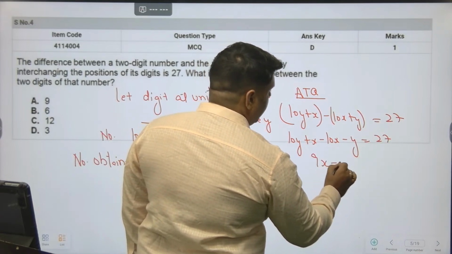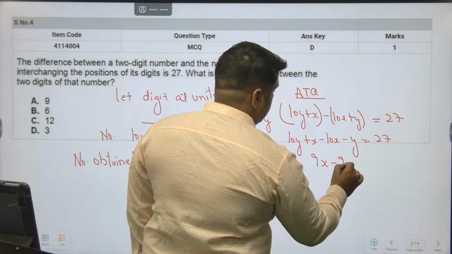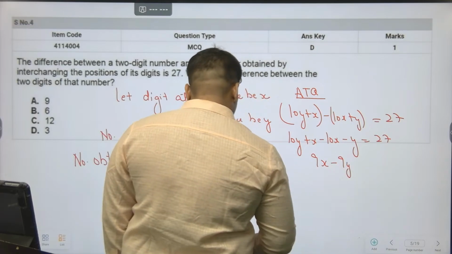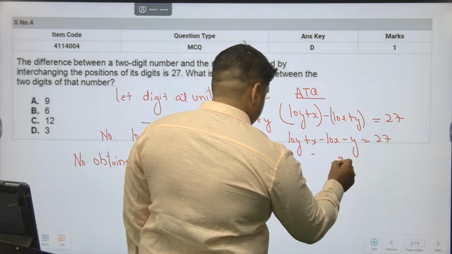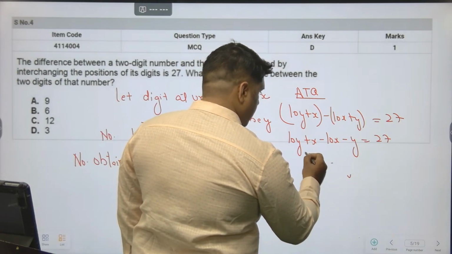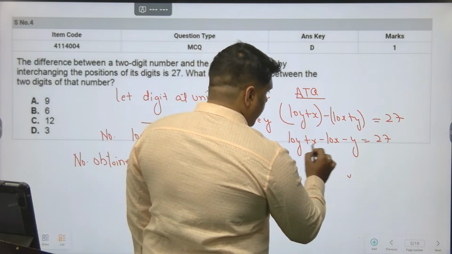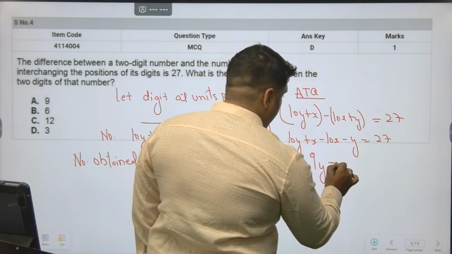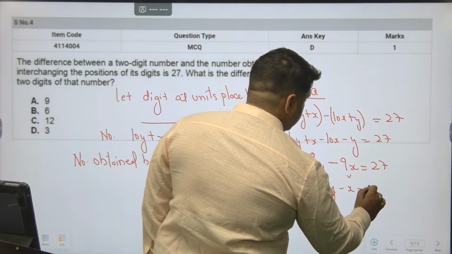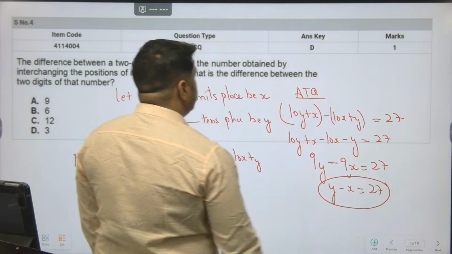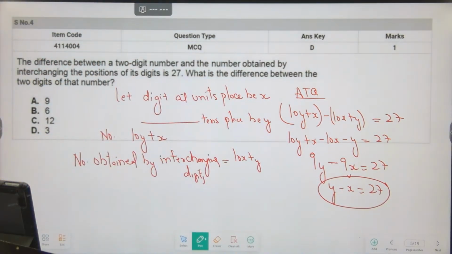So it will be 9y minus 9x is equal to 27. So y minus x is equal to 3. This is what they are asking: the difference between the two digits of the number. So directly we are getting it, and 3 is our answer of this question.